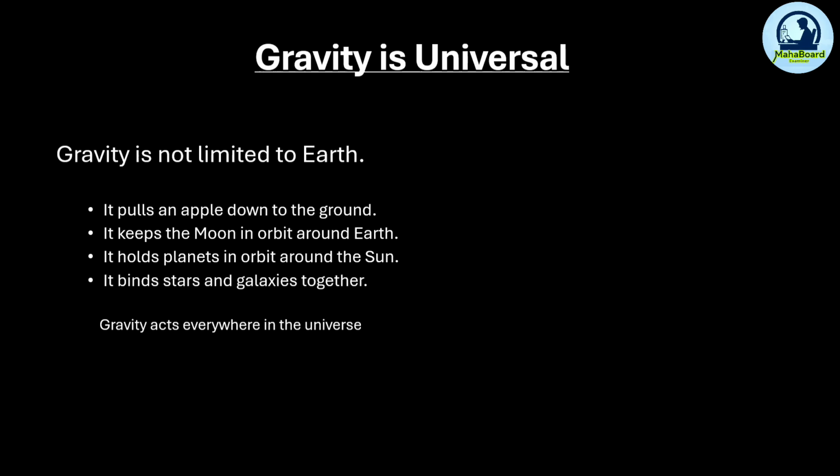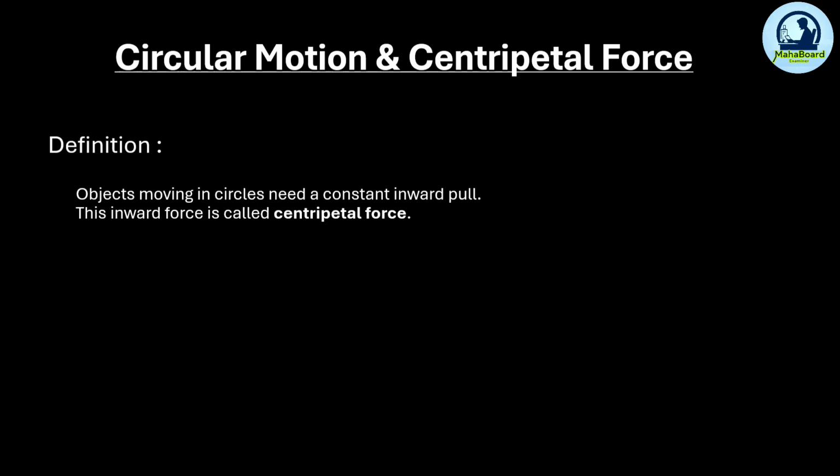So let us see what is circular motion and centripetal force. When an object moves along a circular path, we call it circular motion. For example, a stone tied to a string and whirled, the motion of a planet, or even a satellite around the earth. Remember, the velocity of the object is always tangent to the circle.